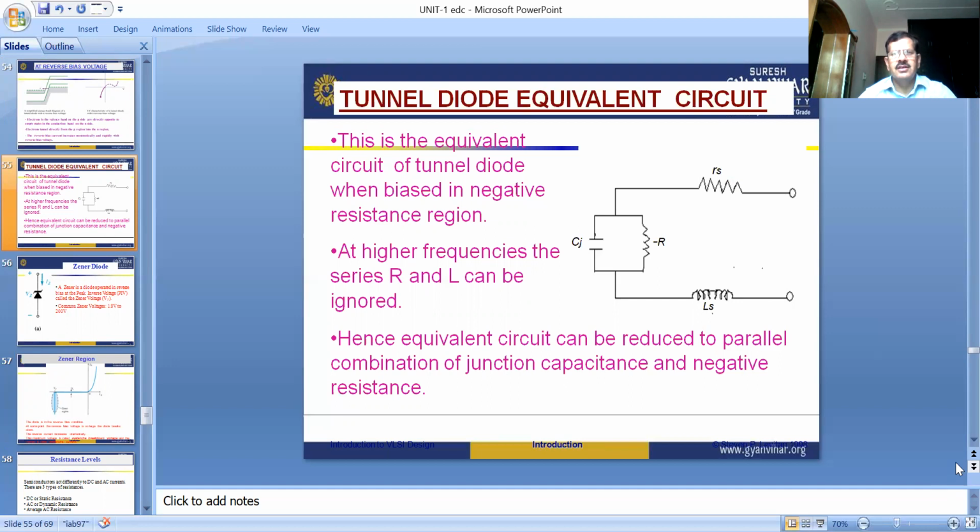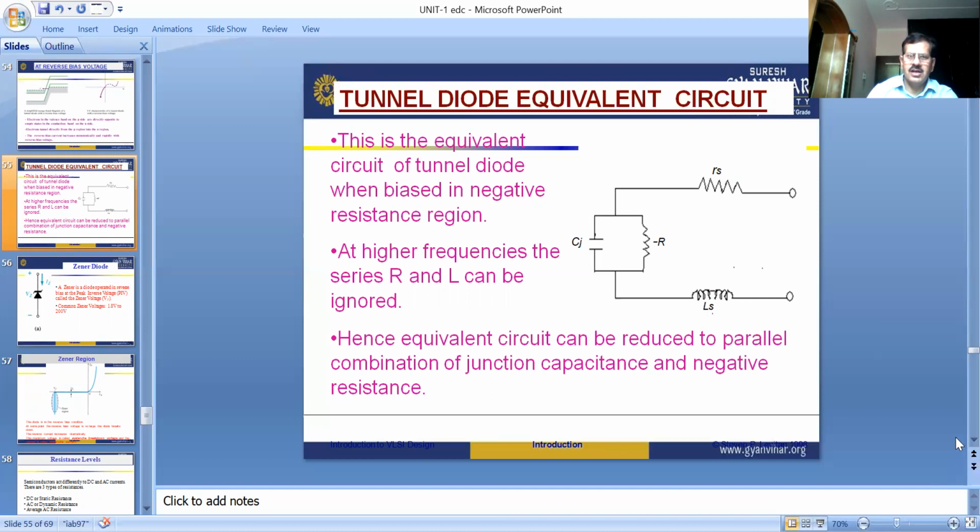We know that the tunnel diode has the negative resistance region. So at higher frequency, the series R and L can be ignored. Hence, the equivalent circuit can be reduced to a parallel combination of junction capacitance and negative resistance.